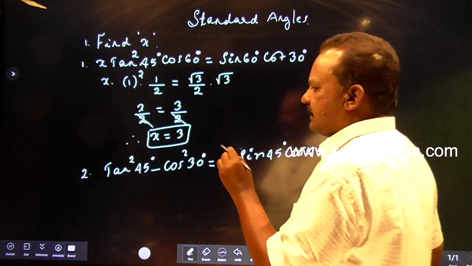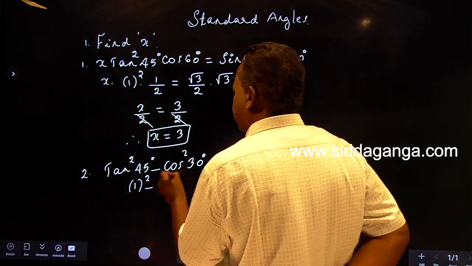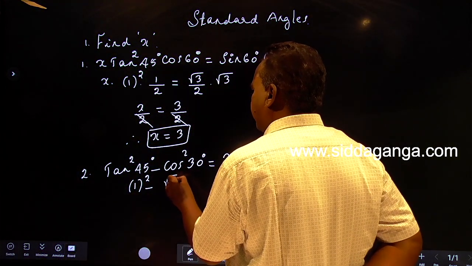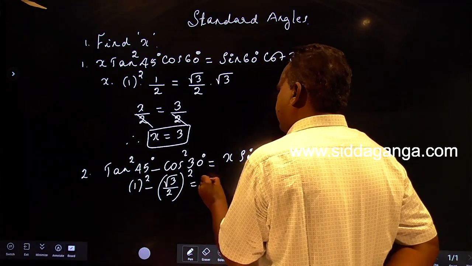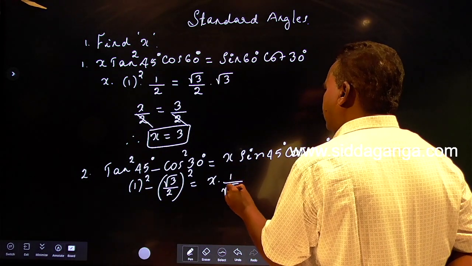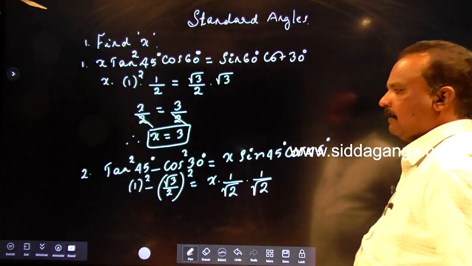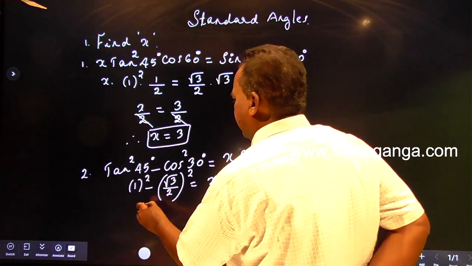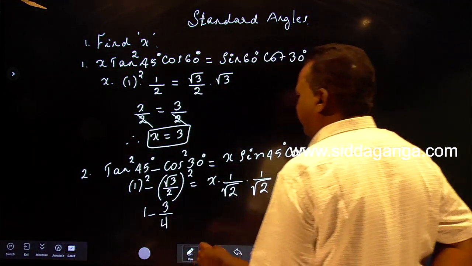Okay. What is tan 45? 1 minus cos 30 root 3 by 2, it's a square. X into sin 45 is 1 by root 2. Cos 45 is 1 by root 2. 1 square is 1 minus root 3 whole square is 3 by 4.